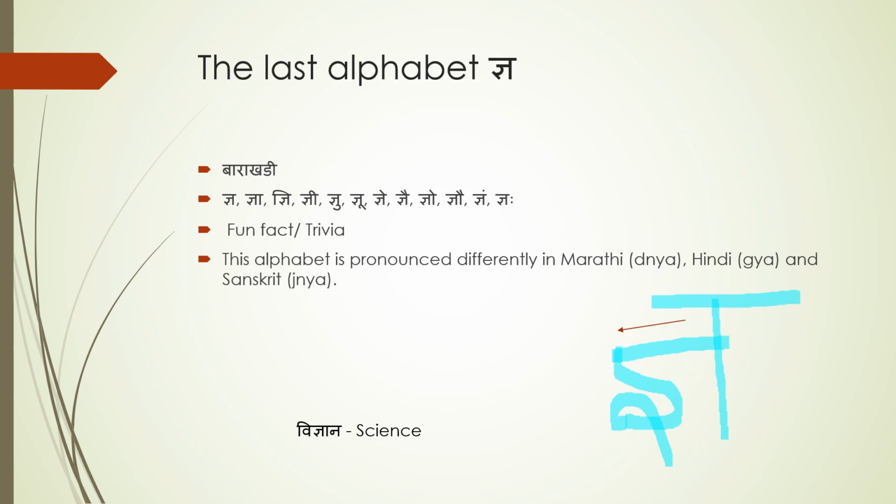That makes a Dnya. Barakhadi for Dnya is Dnya, Dnya, Dni, Dni, Dnyu, Dnyu, Dne, Dnyai, Dnyo, Dnyau, Dnyam, Dnyah. And an example of this alphabet is Vidnyan.